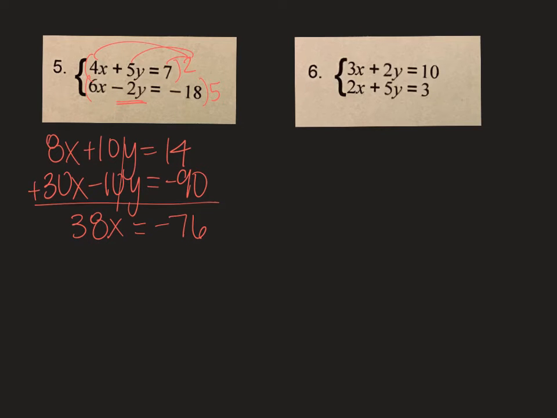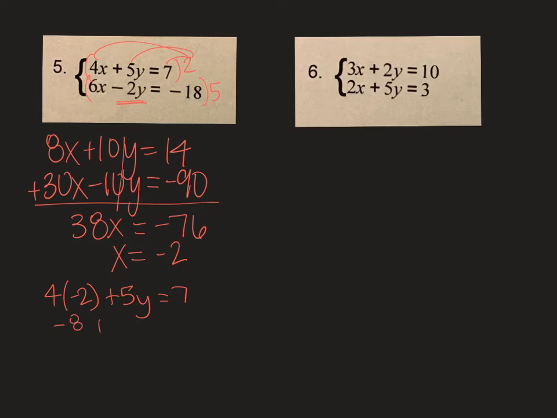So we divide by 38, which is going to give us negative 2 for x. We're going to take that negative 2, and we're going to plug it into one of our two equations. Okay, so I'm going to plug it into the first one. 4 times negative 2 plus 5y equals 7.